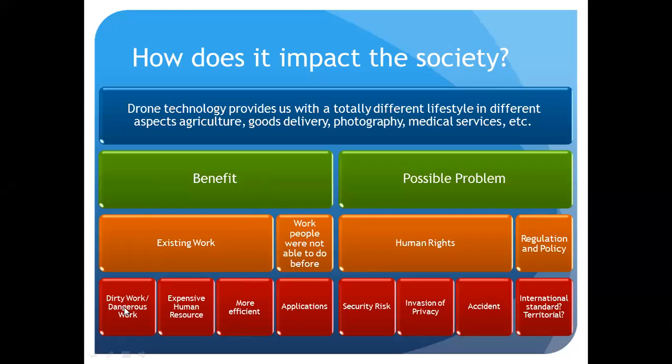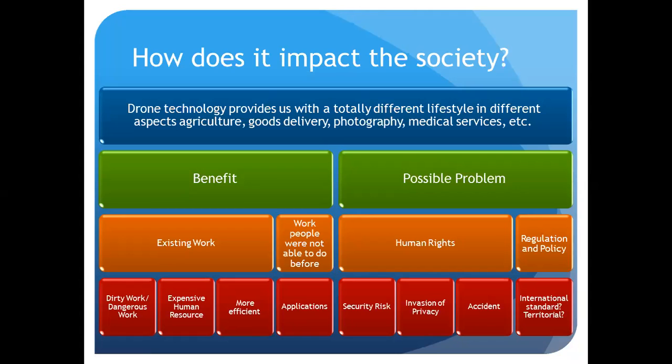Then again, here: dirty work, dangerous work. See, any dirty or dangerous work means at any place where we cannot move. We cannot go to such places. For example, a marshy area where we cannot go, where a vehicle cannot be taken on the ground. At that place, if we have to survey the land, then our drone can work there.